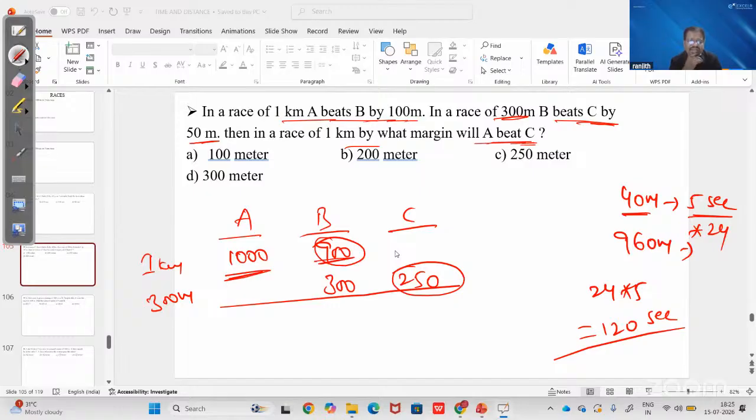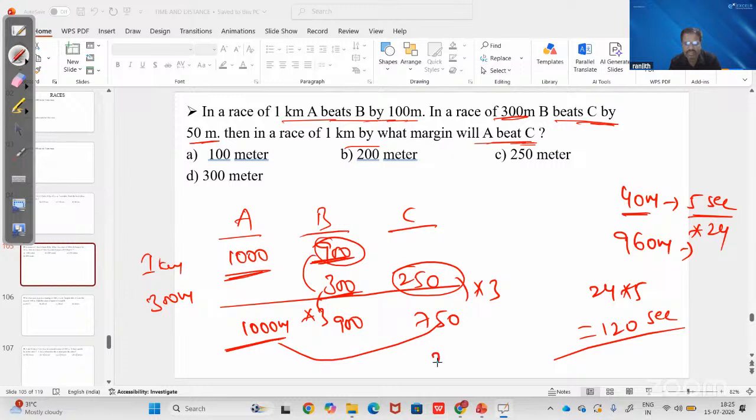So in a race of 1 kilometer, what margin will A beat C? Here B equals 900, there B equals 300. To get 900, we need to multiply by 3 times. 25 into 3 equals 750. So A is already 1000 meters, and the difference between A and C is 250 meters.